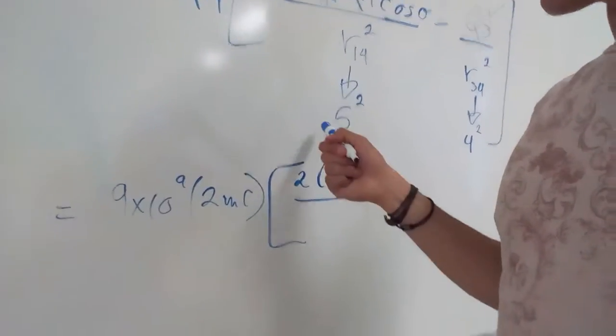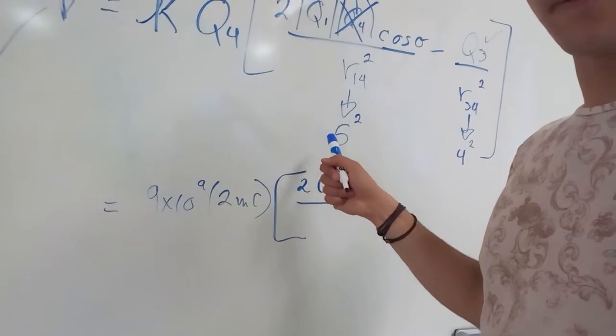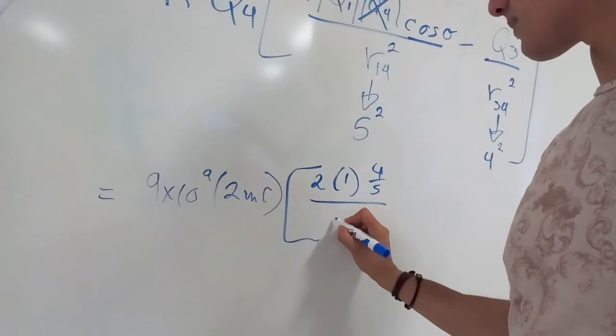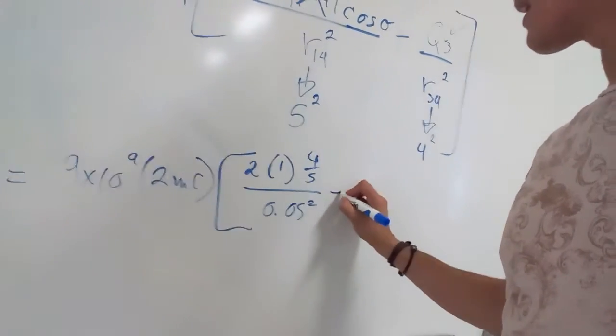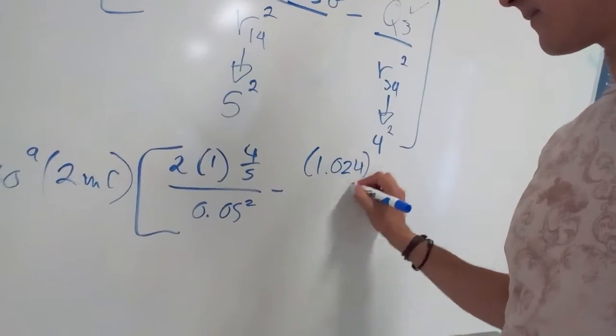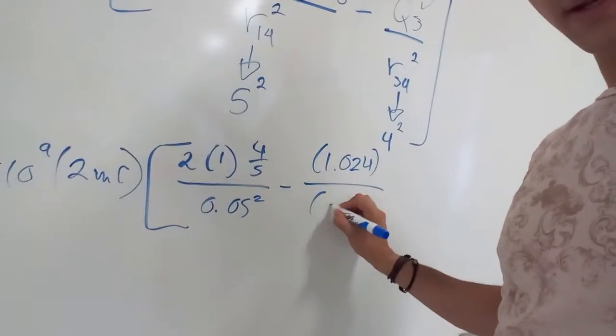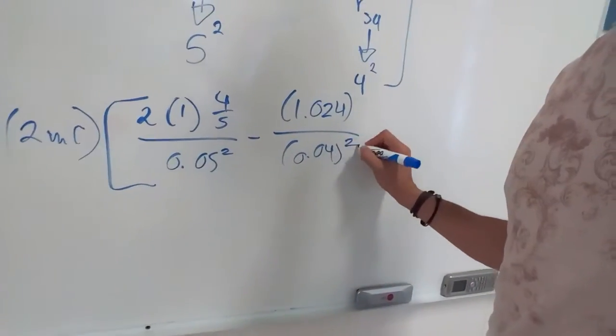This over here is given in centimeters, so we have to convert it into meters: 0.05 squared, minus 1.024 over 0.04, this one 2 centimeters squared.